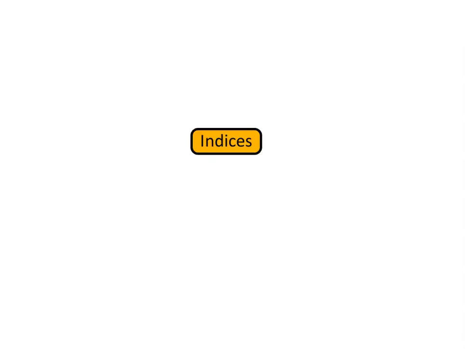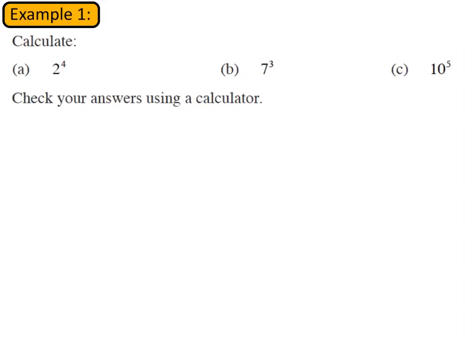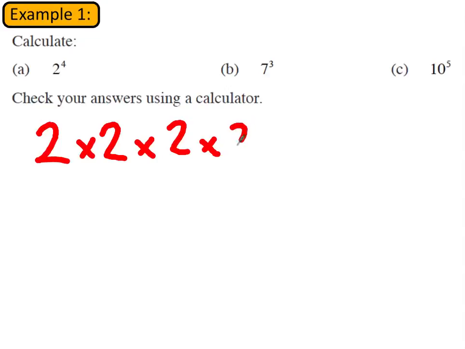So this lesson is all about indices, or in other words, powers of a number. And you should already know how powers work, but if you can't remember, let me just quickly explain. If I wanted to work out what 2 to the power of 4 was, 4 being the index or the indice, well, all I have to do is do 2 times 2 times 2 times 2.